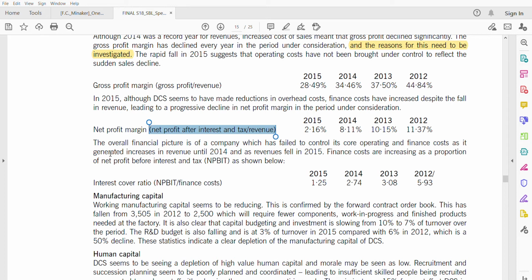So they have calculated, and clearly you can see from 11.37 it kept reducing to 2.16, even for gross profit margin.